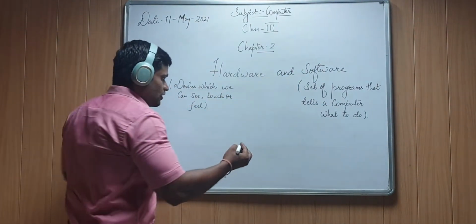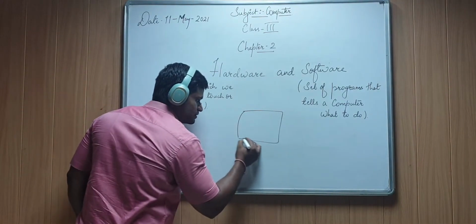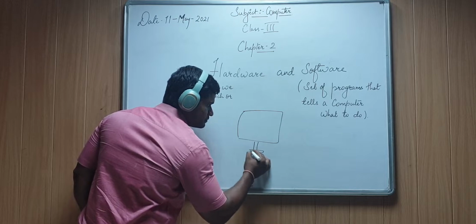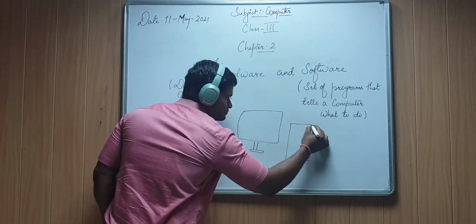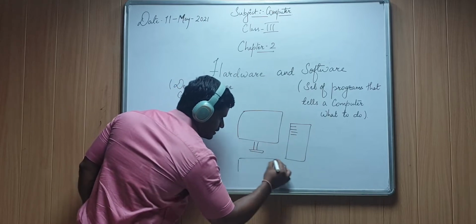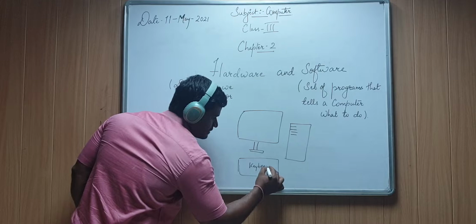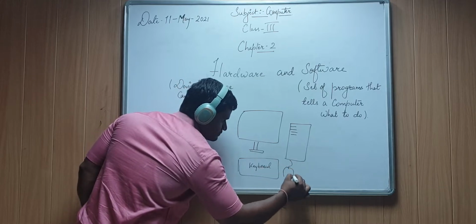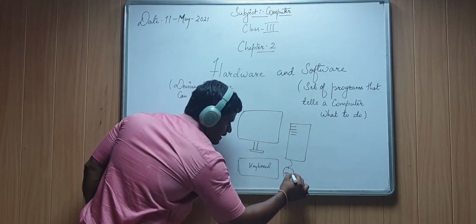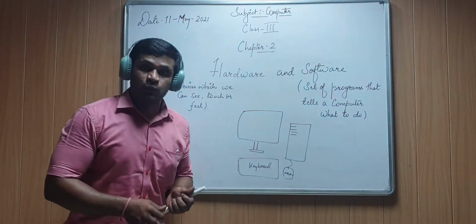Before that, I will just draw a diagram. We have a computer screen, we have a CPU, we have two input devices. One is your keyboard, and another is your mouse. And in that computer system, you are doing a work.